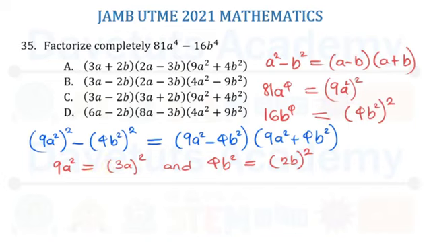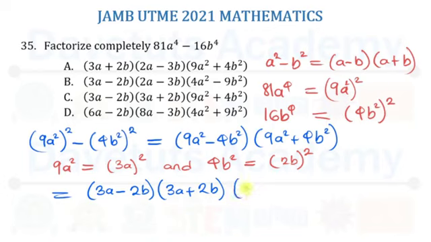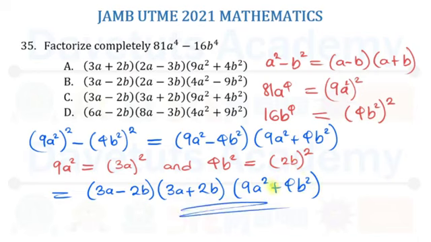We have 3a minus 2b multiplied by 3a plus 2b, and then the third term, 9a squared plus 4b squared. This should be the solution to this question.